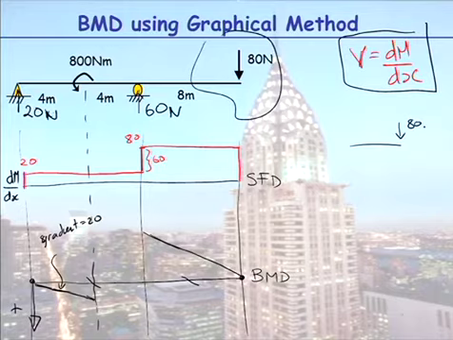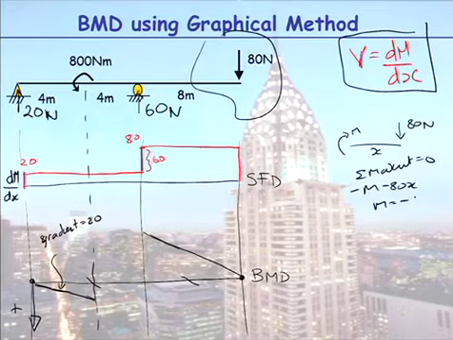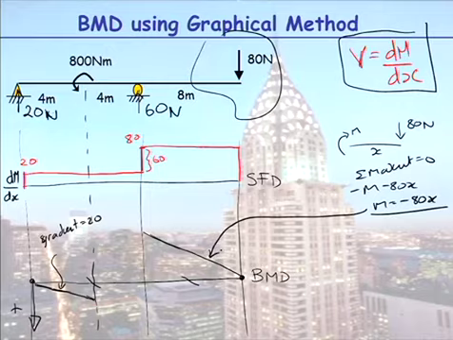Consider I have a load applied on it. Say I've cut it a distance x, put my moment in, take moments at the cut, and there you go. I have minus M minus 80x. My bending moment is equal to minus 80x, which, of course, is the mathematical expression for that line. So you can do it either fully graphically or mathematically if you want.